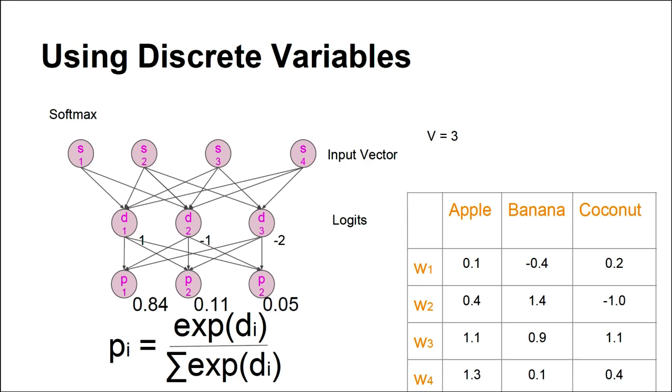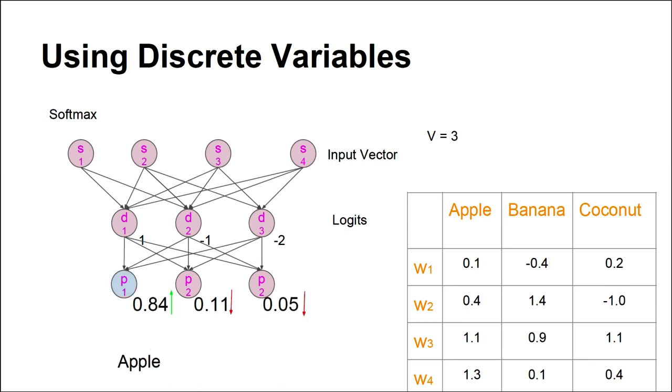And this will give you a nice property, which is that the values will always be between 0 and 1, and the sum of all of them will be 1. So it's something that emulates a probability. And suppose that we actually observed that the Cookie Monster gave an apple back in that case.